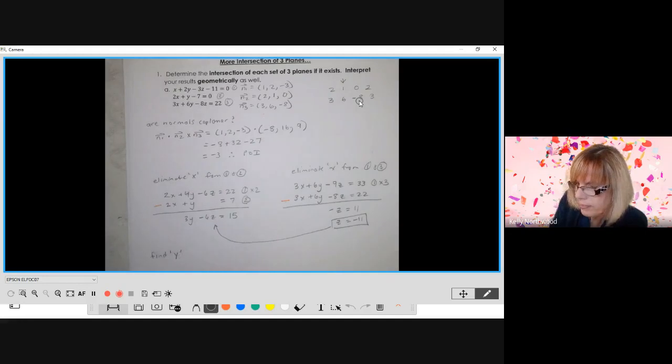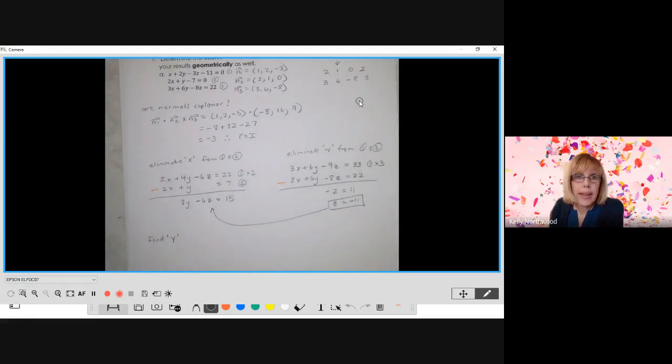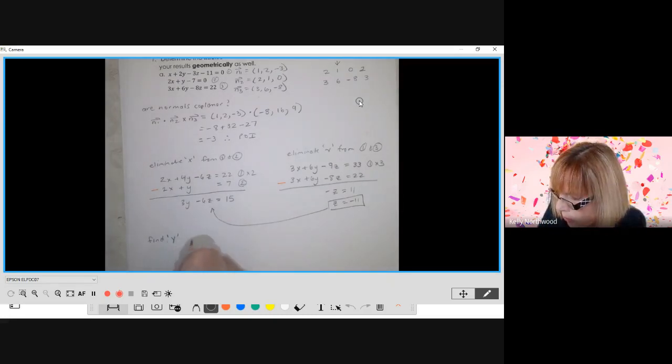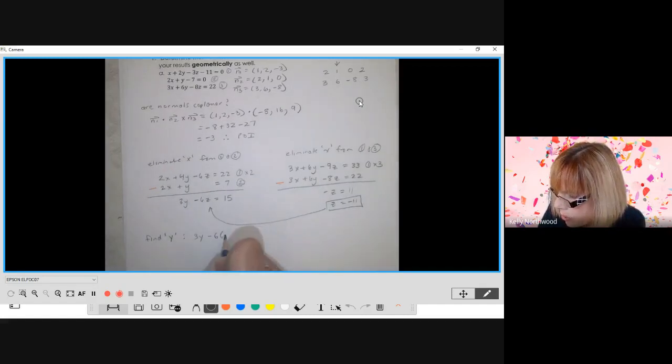Because that equation is just in terms of y and z. So I can do 3y minus 6 times z, which is negative 11, equals 15.